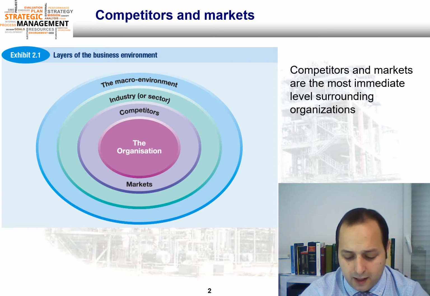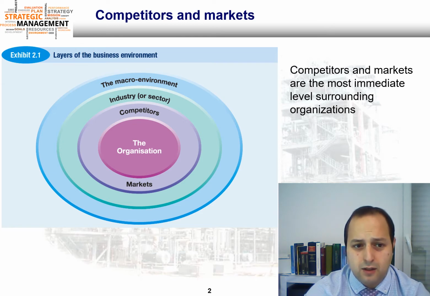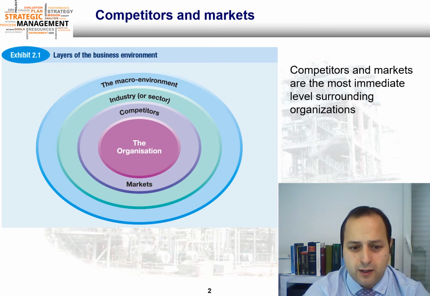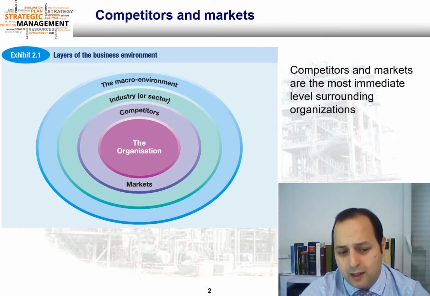Competitors and markets are the most immediate level surrounding a company. So it's the most immediate level, maybe the most important one. When we speak about competitors and markets, we have to take into account that within most industries or sectors there will be many different organizations with a lot of different characteristics. That could mean a lot of opportunities or threats as well.